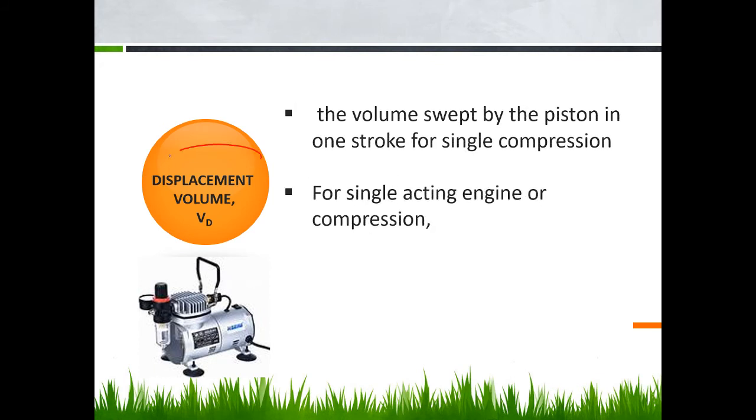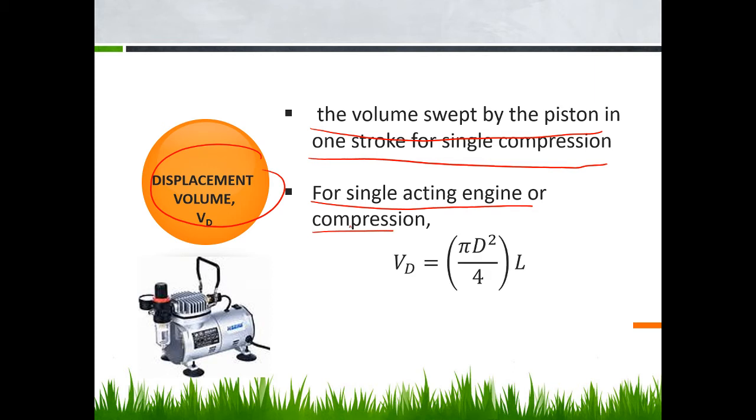So, emphasizing the displacement volume, it's the volume swept up by the piston on a single stroke, on a single compression. If we have a single acting engine or compressor, equal lang siya dun sa, ano ba to? Diba ito yung volume ng cylinder?